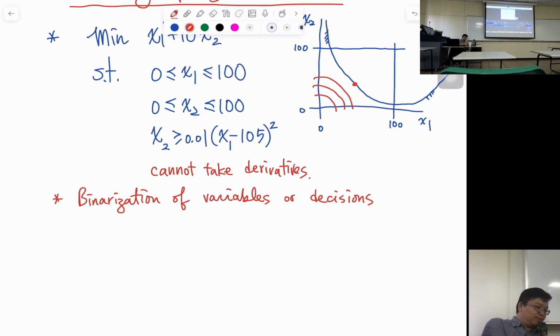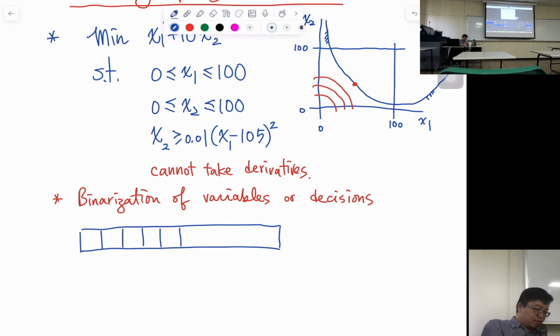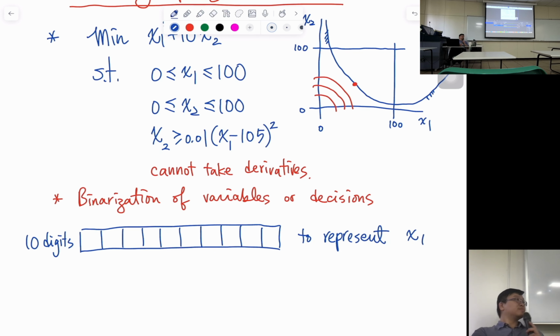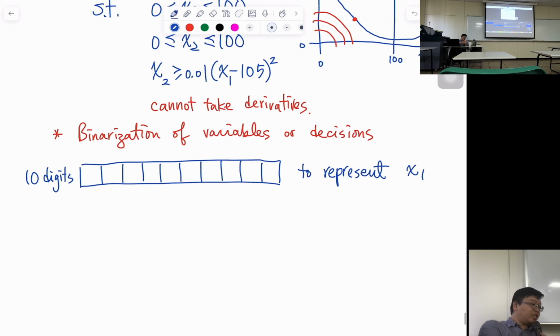So I will use 10 digits, so 10 of them. This is 10 digits to represent x1. Okay? So they are binary, so they are 0 or 1.